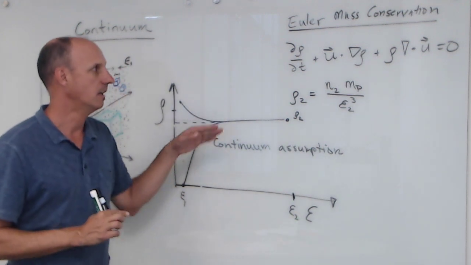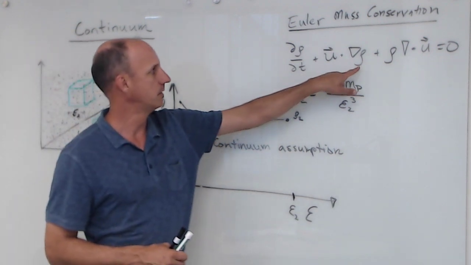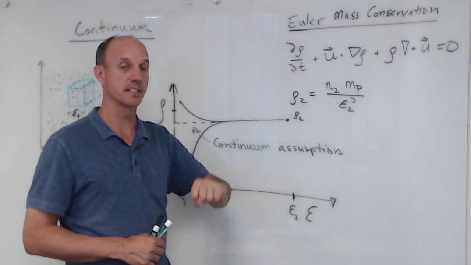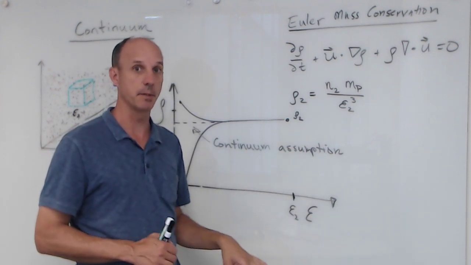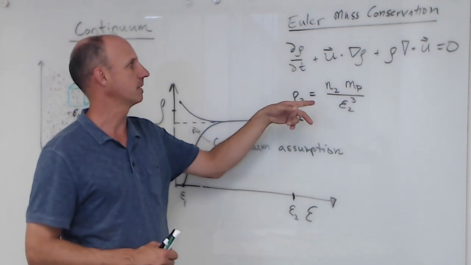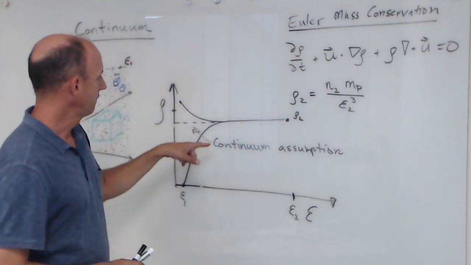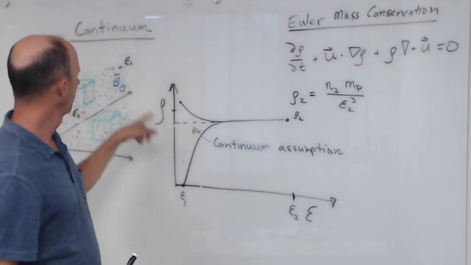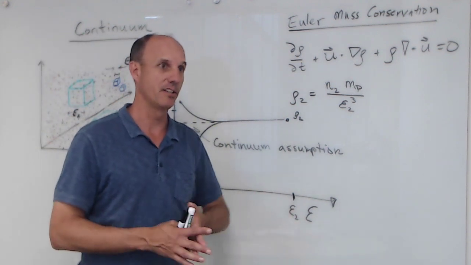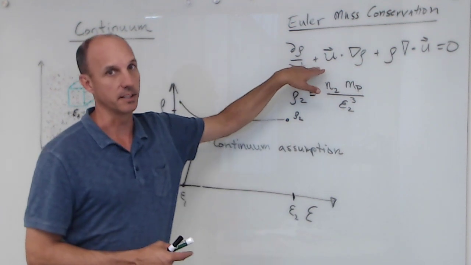So this equation cannot be solved unless rho is a differentiable function. So rho has to be something that smoothly varies in space and time in order for us to be able to compute derivatives of rho with respect to time and derivatives of rho with respect to space. If we have a situation where rho can go to 0 or go to 1, and you can have gaps in rho, then it's a non-differentiable function, and that creates problems for our mathematical modeling.